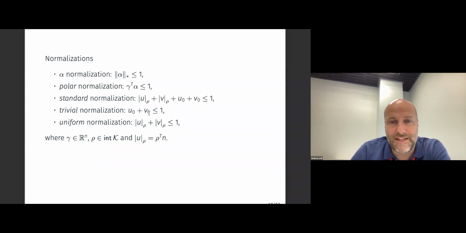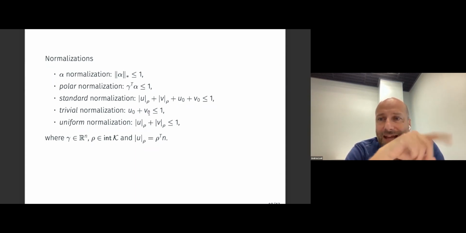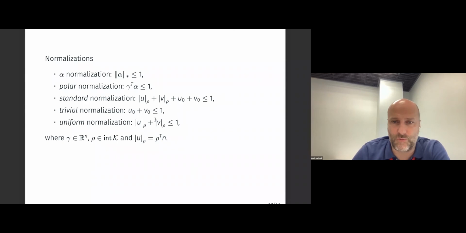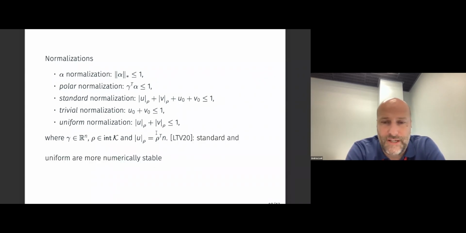In the notation that I used before, I was using Ax equal to b, and these were linear inequalities. I don't need to take that part into account in the normalization. I only need to take into account the conic constraints. So there should be multipliers associated with x belonging to the cone, and that's why it's written in a different form.